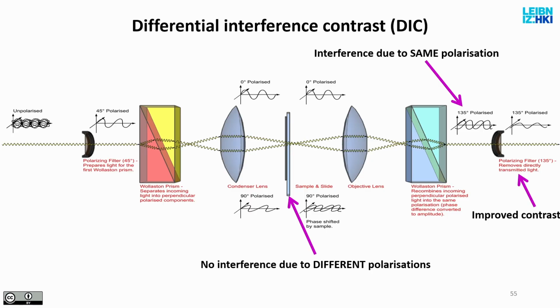So it means that the two beams, one of which will go through the sample and one of which will not go through the sample, will have a different arrival time to the other side of the sample. So when we merge them together, they will form an interference pattern.